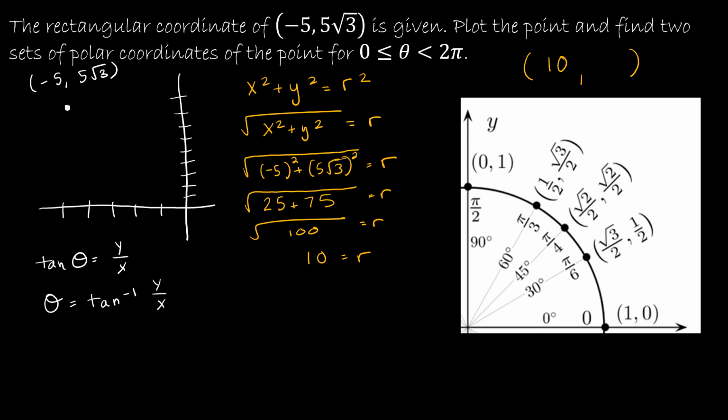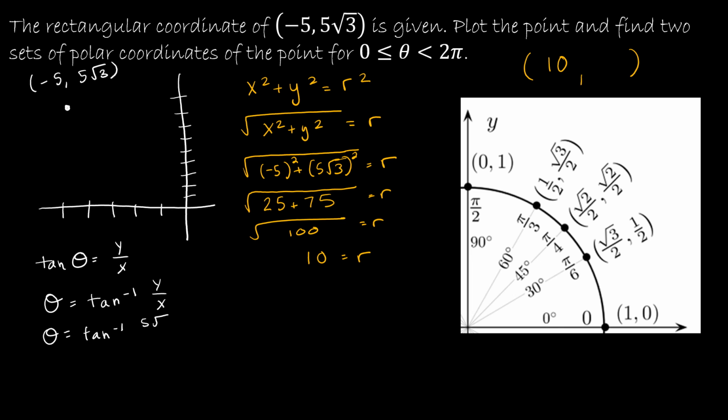So using that fact, we're going to find a reference angle, and then we'll take a look at the position of the rectangular coordinate to find the correct angle, theta. And hopefully it will make sense as I go through it, and if you haven't heard that term reference angle before. So theta is going to be equal to inverse tangent of y over x.